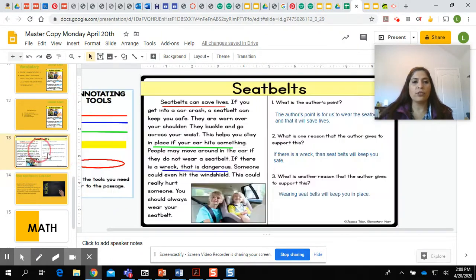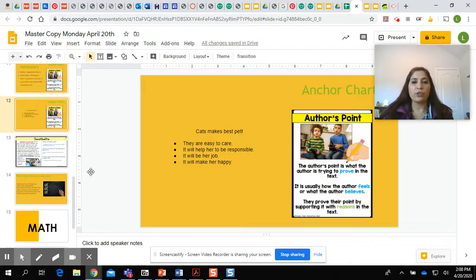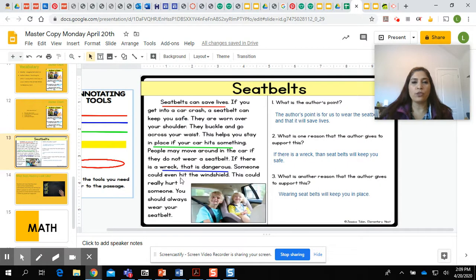This is just the one passage that we were able to do, but we need to practice a little bit more to make sure that every time we read a passage, we're able to identify the author's purpose and the supporting details, the reasons why the author wants us to wear seatbelts, what the author is trying to prove.